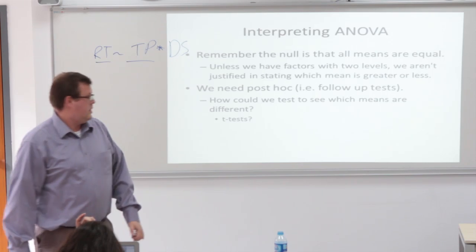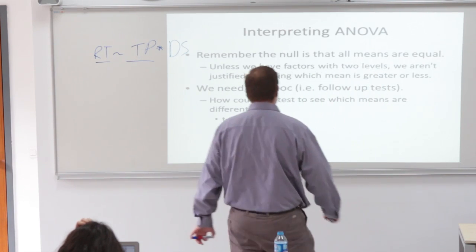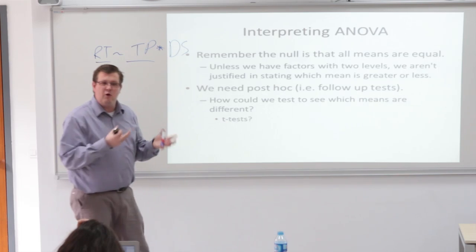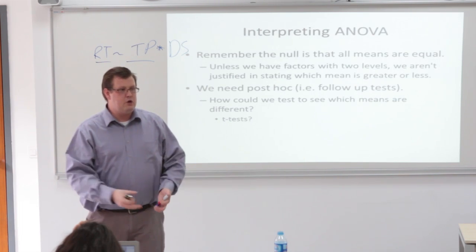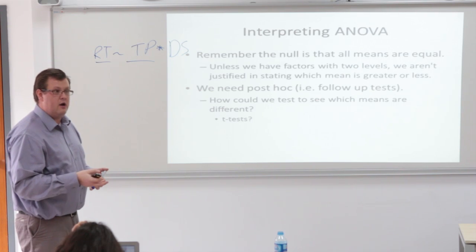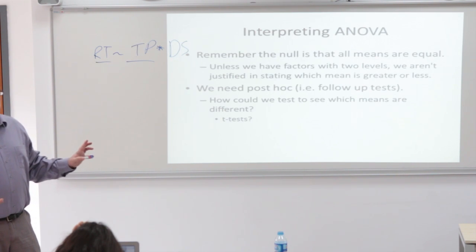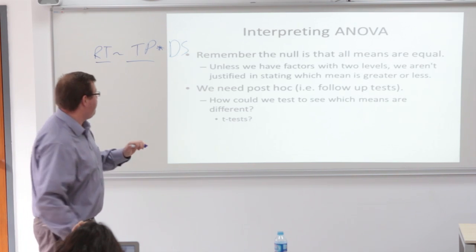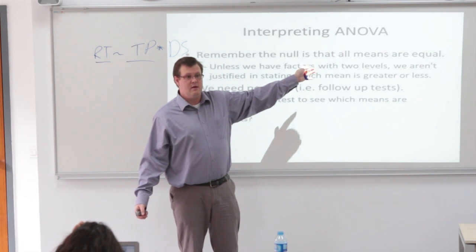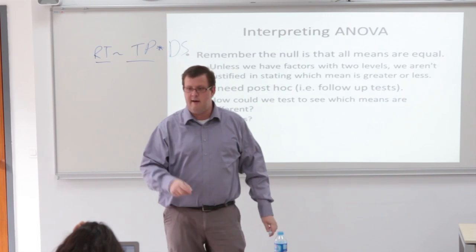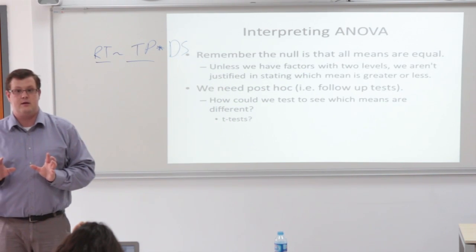So what we need to do is do a post-hoc test. Post-hoc means follow-up test. We're doing it after we've computed an earlier test. Now, you're only going to do post-hoc tests if the initial ANOVA is significant. When we set our alpha for the ANOVA, it controls our alpha error rate.